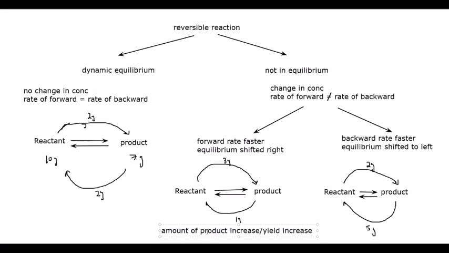But if equilibrium shifted towards the left hand side, what will we say? We will say that the yield or the amount of a product will decrease. Is it clear?